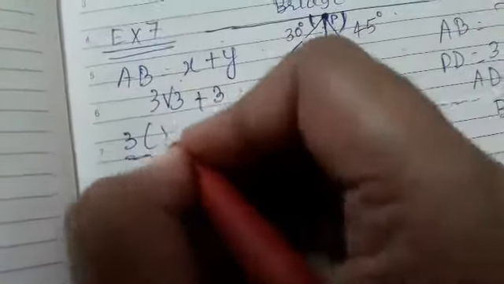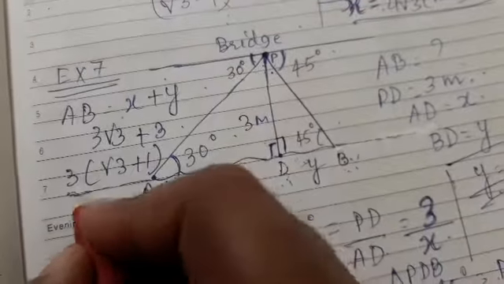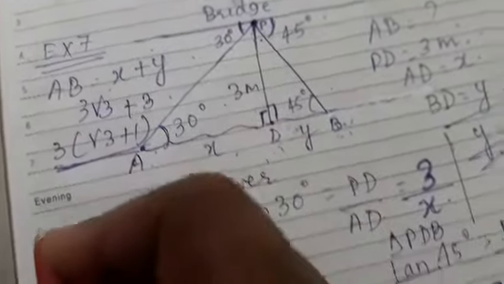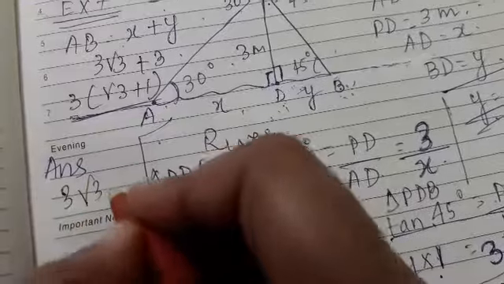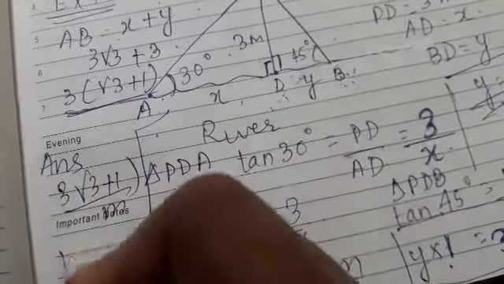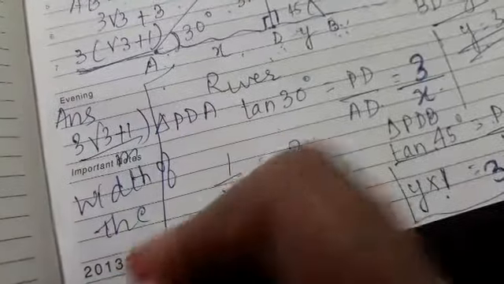So I will take 3 common: 3 times root 3 plus 1. Obviously we can change this answer into decimal form, but for now we will write the answer as it is. 3 times root 3 plus 1 meters is the width of the river.